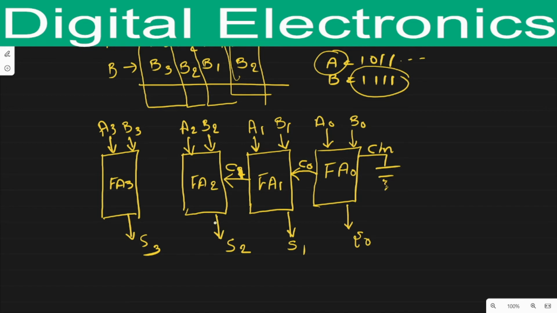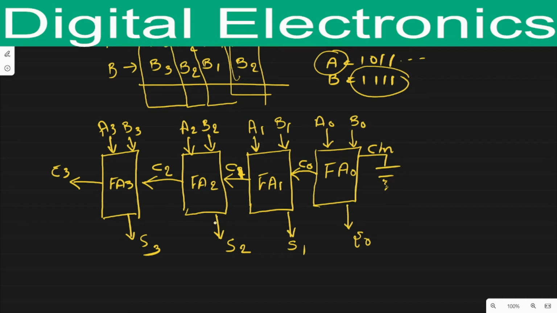This one is C1. When the next adder works, it will ripple the carry towards FA3, and when that works, it will generate the final carry. So the carry ripples from one full adder to another full adder. That's why this type of adder is also known as a ripple carry adder.